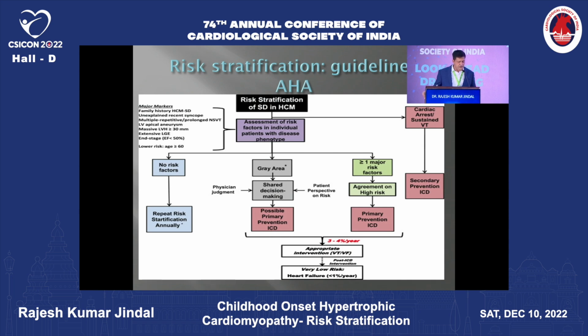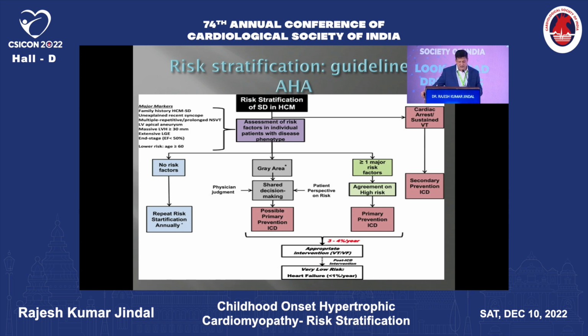Left ventricular aneurysm, massive left ventricular hypertrophy, that is more than 30 mm, extensive late gadolinium. What is extensive? More than 15% of the left ventricular endocardium. End-stage disease, that is ejection fraction less than 50%, and age. So these are the major risk factors.